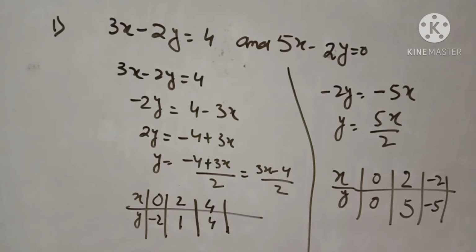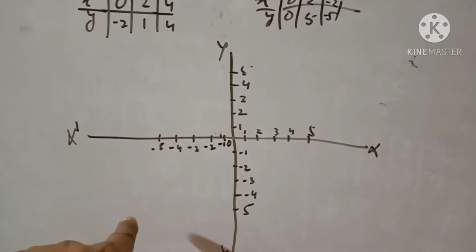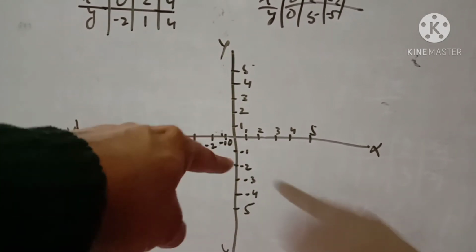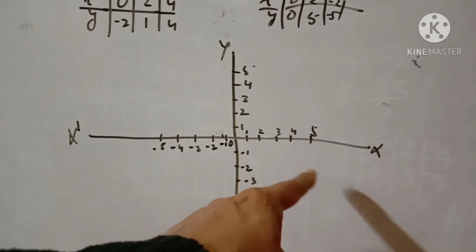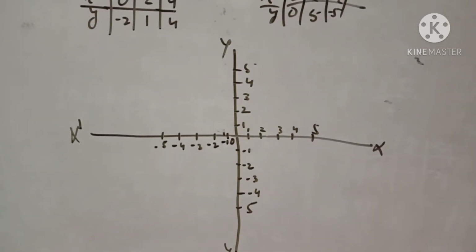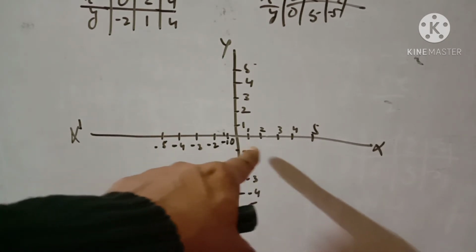Write down. Now I am just considering a graph paper. 1 2 3 4 5 on each side, with minus 1 2 3 4 5 as well.